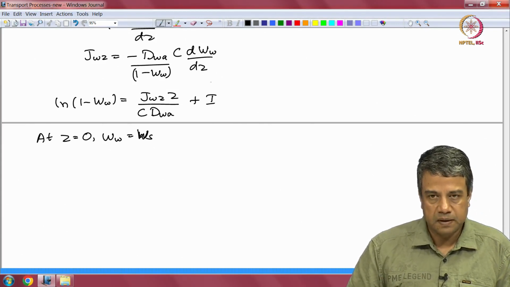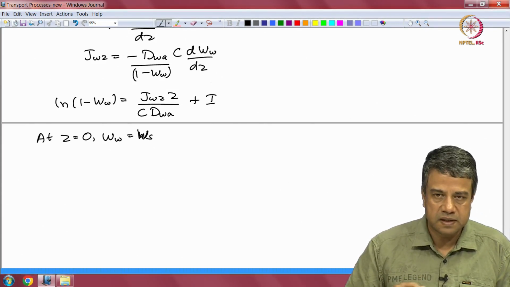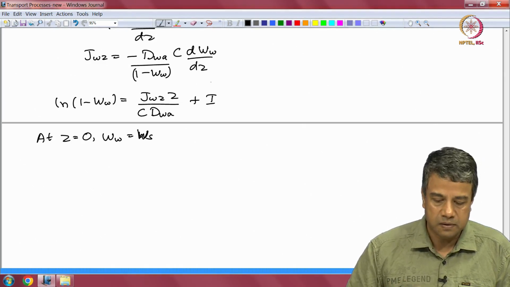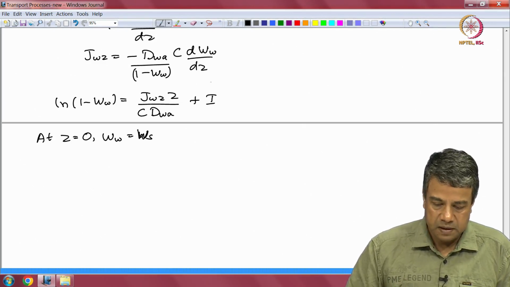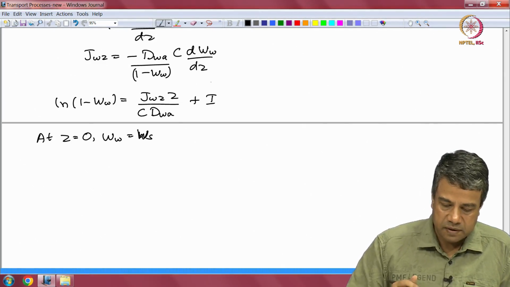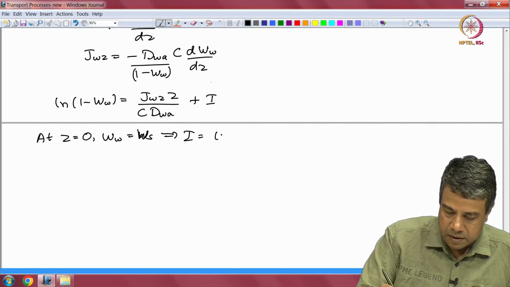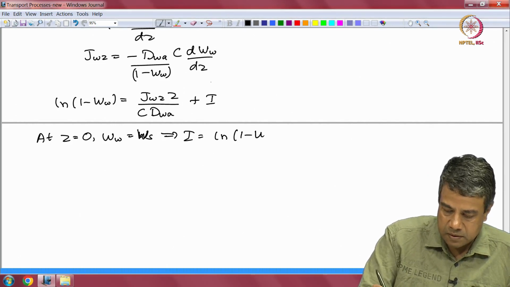So, at Z equal to 0, I get the constant equal to the natural logarithm of 1 minus Ws.